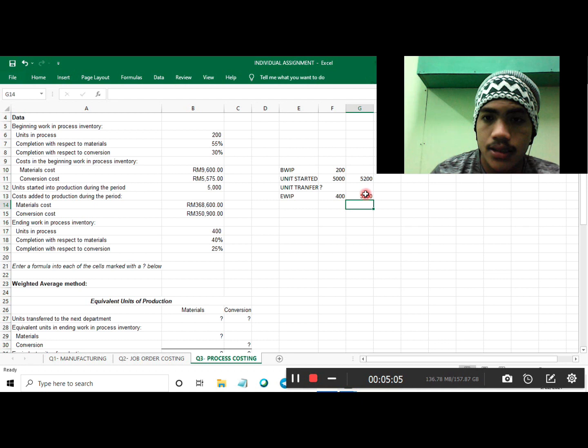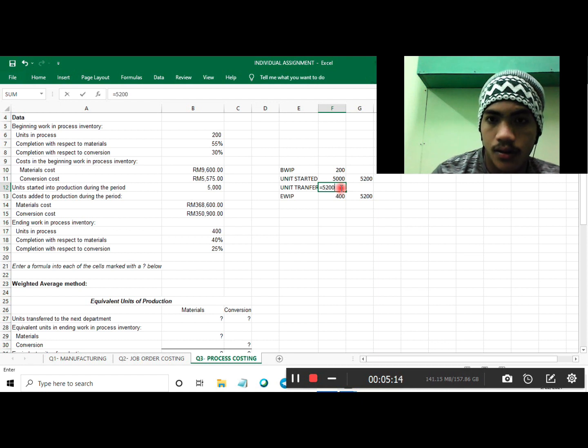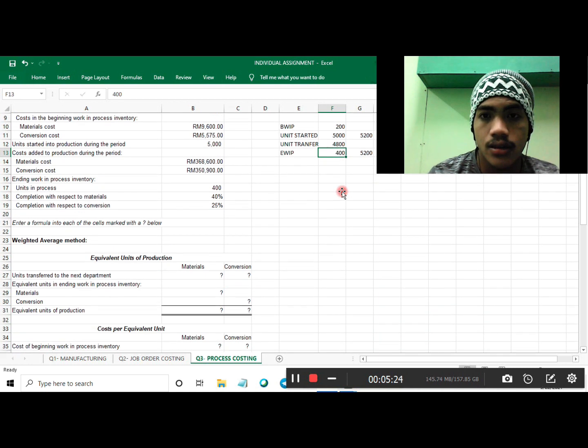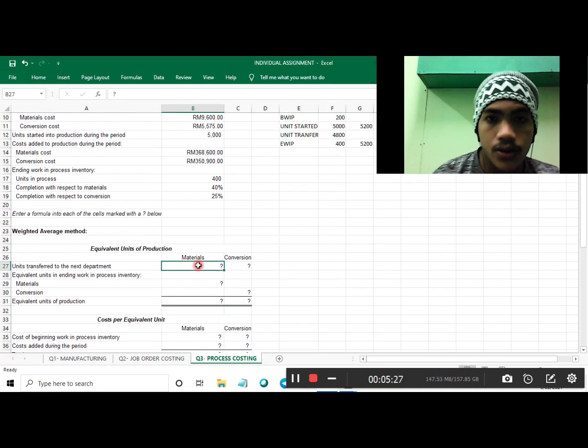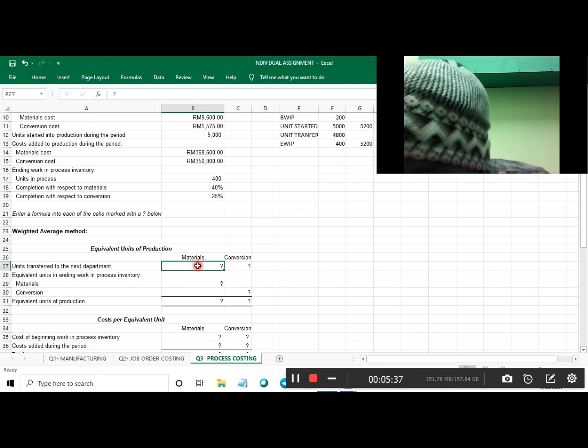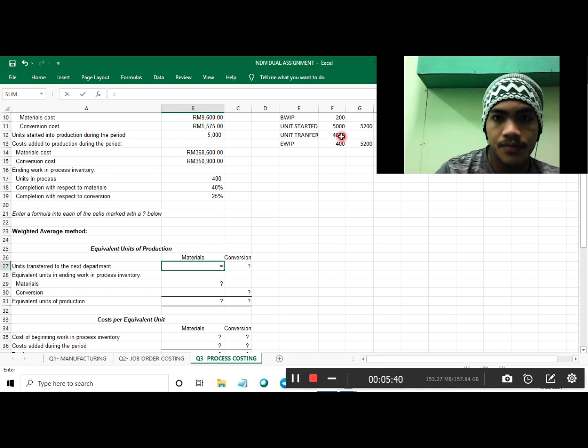So we need to minus 400 from 5,200. So we get 4,800. So we just put that in the calculator for calculation, and then the same for conversion.